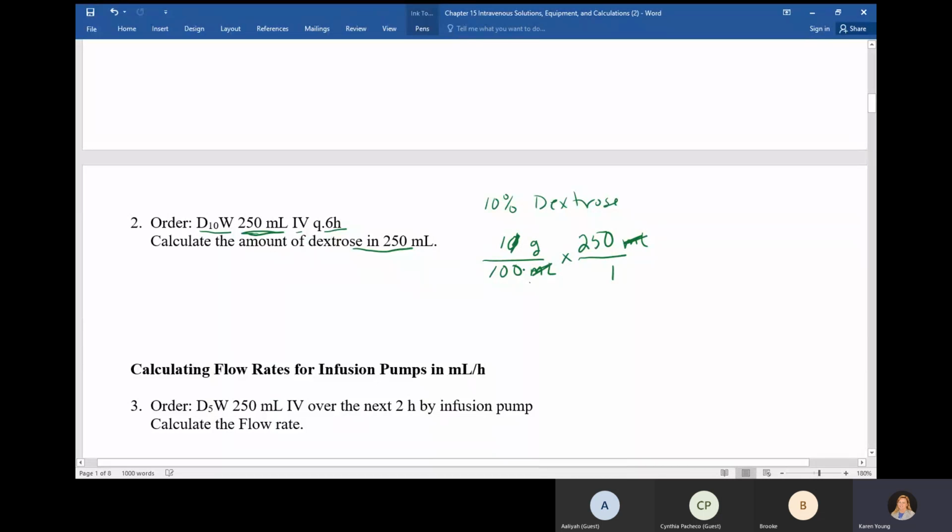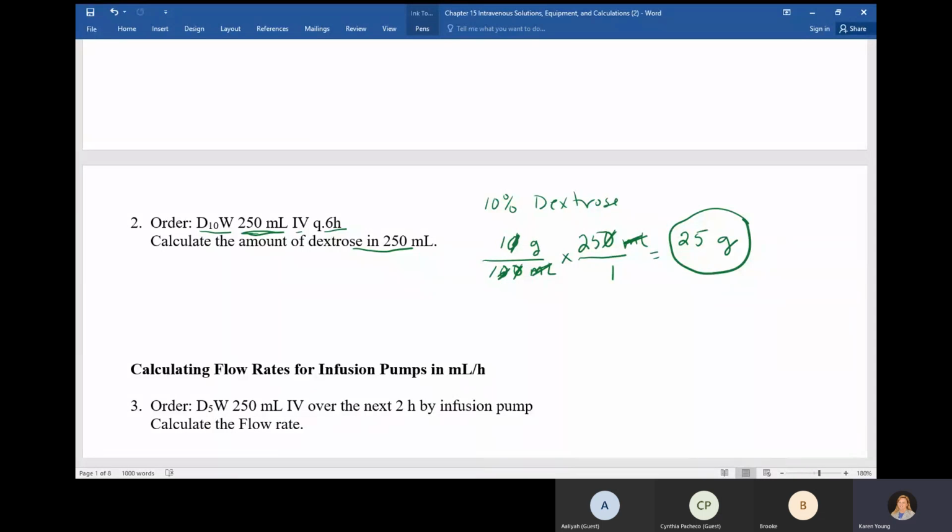I've got a 0 here on top that I can cancel with a 0 on bottom. I've got a 0 in the 250 that I can cancel with another 0 on bottom. And that gives me 25 grams. So there's 25 grams of dextrose in 250 milliliters of the IV solution.